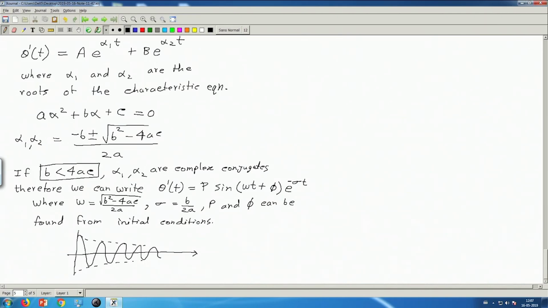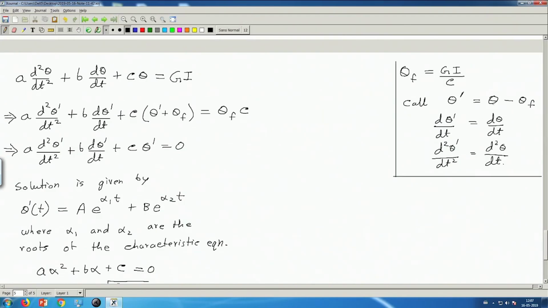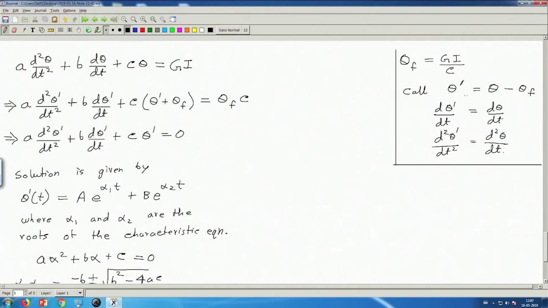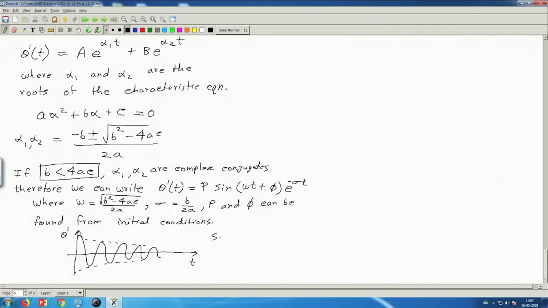Okay, so this is theta prime versus t, and we know that theta is nothing but theta prime plus theta f. Okay, so if theta prime is oscillating, then theta is just theta prime plus some constant, so theta will also be oscillating. Therefore theta, which is same as theta prime plus theta f, will also be oscillating.